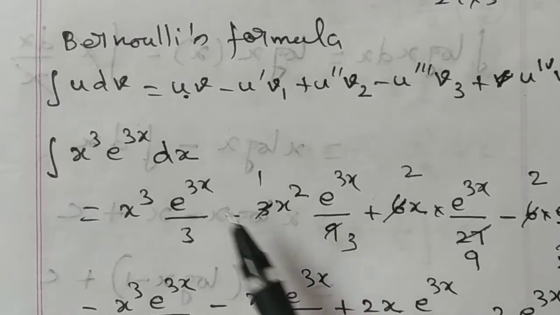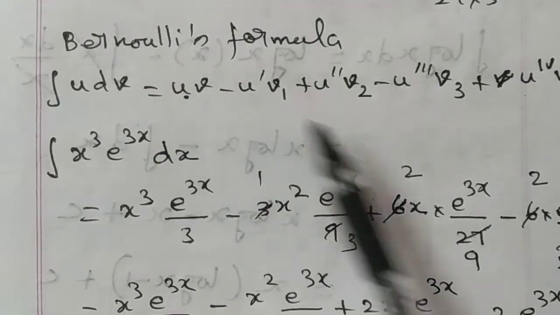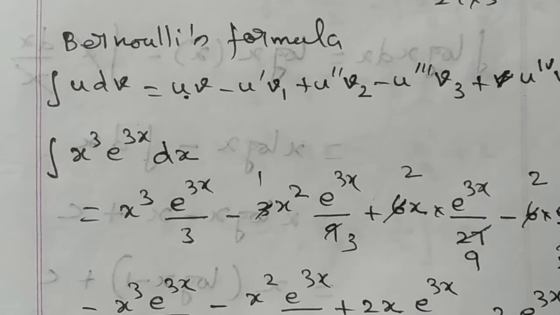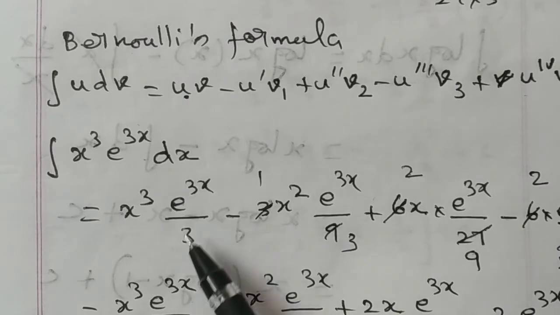Next one, u power 4 value is 0, so no need to substitute. The remaining term is also 0, so cancel the term.